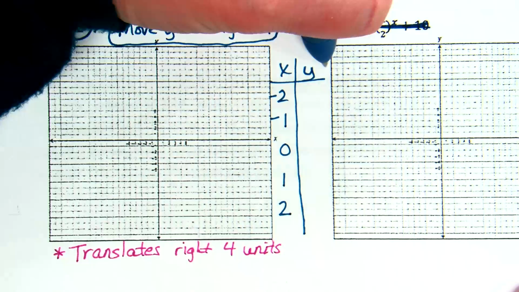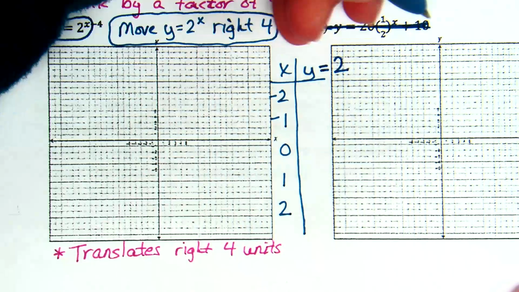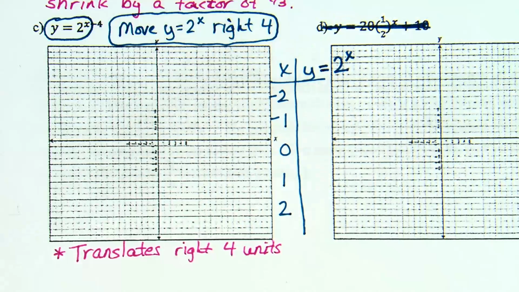Now, when I do Y, though, what is this going to be? I'm not doing y equals 2 to the x minus 4. I'm doing Y equals 2 to the x. Okay? So forget the -4 for a moment. Just 2 to the x. So, if we put in, do I dare start in the negatives?